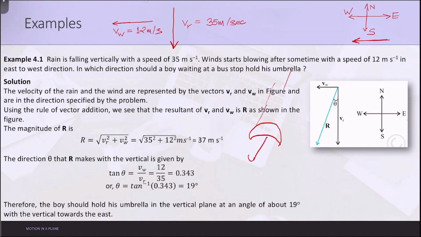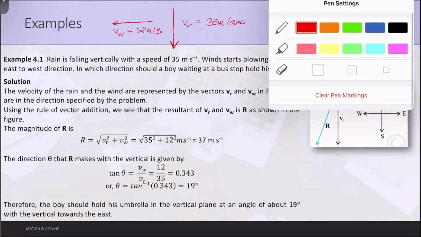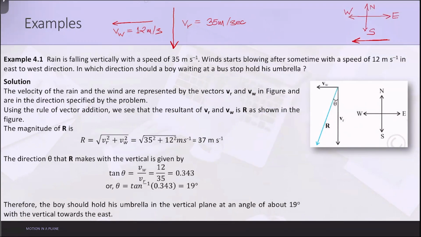Rain would be falling like this. He just wants that, because of the combination of the velocity due to the rain and wind, he doesn't get wet. Let us understand this carefully. The resultant rain would fall at an angle which will be the summation of your VR and VW here.